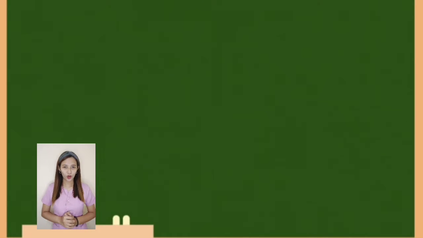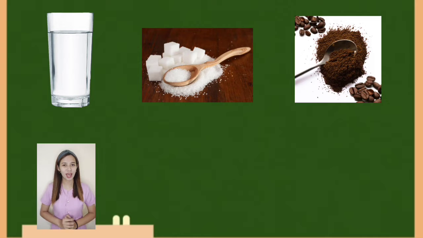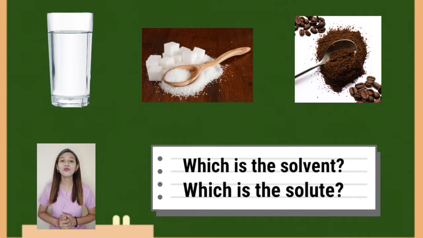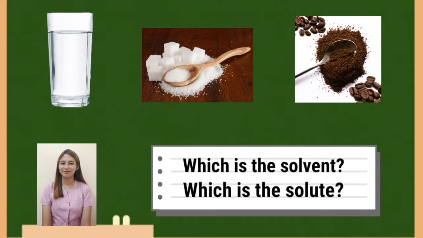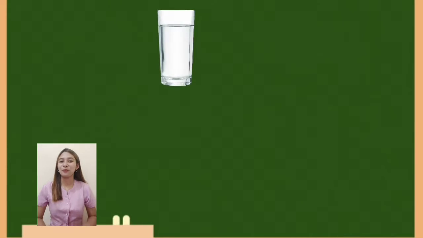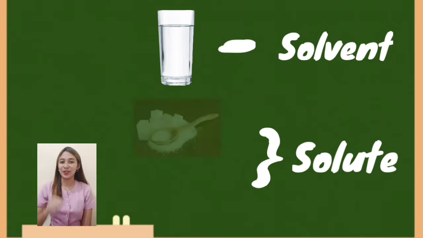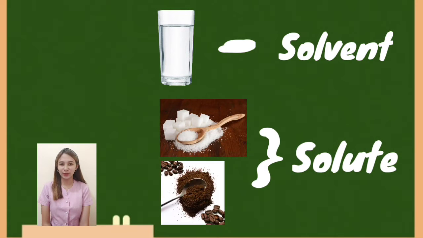Coffee is composed of water, sugar, and coffee powder. Now, which is the solvent and which is the solute? Good job! Water is the solvent. But in this case, we have two solutes, the sugar and the coffee powder.